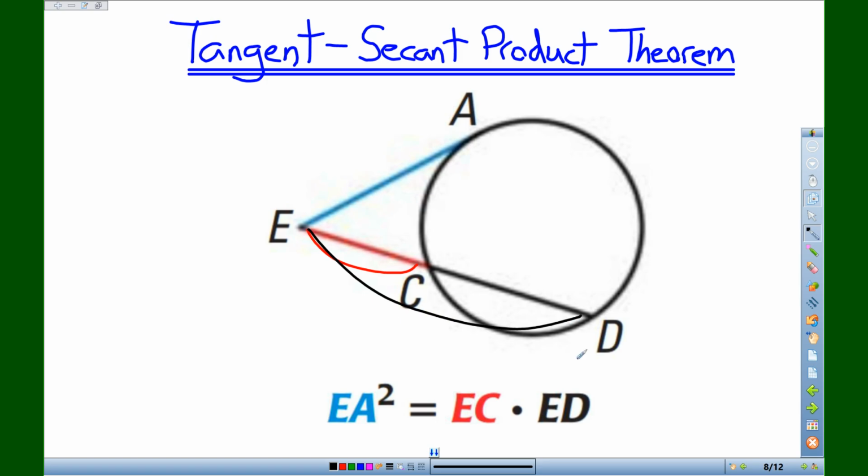What I want to make clear is this formula is actually the exact same formula we just used on the secant-secant product theorem. With our tangent line, we are taking the outer segment and multiplying it times the entire line. It just so happens to be the same line that we do that to. That's why we square it. It is actually the same rule, but when you see a tangent line, you just need to square it.